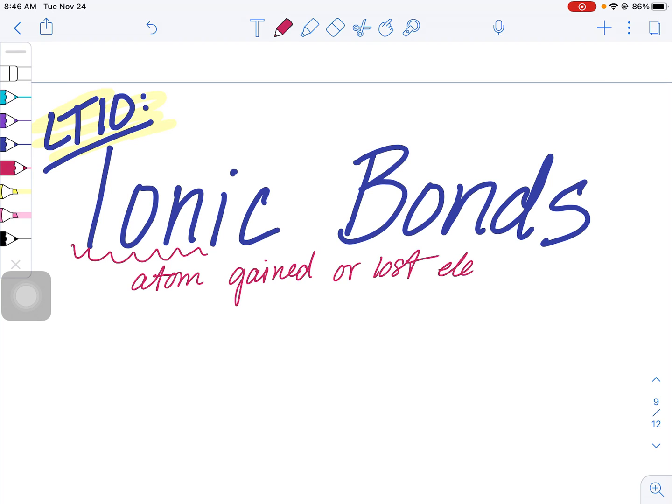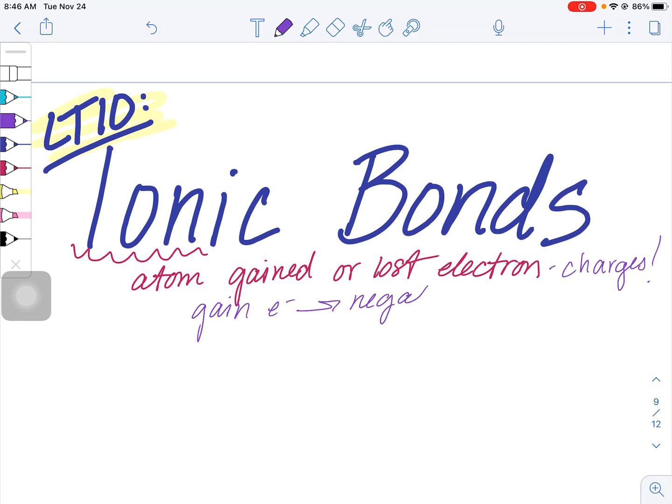electrons. And because of that gaining and losing of electrons, we end up with different charges for that ion. So gaining electrons creates a negative charge, and losing electrons creates a positive charge.